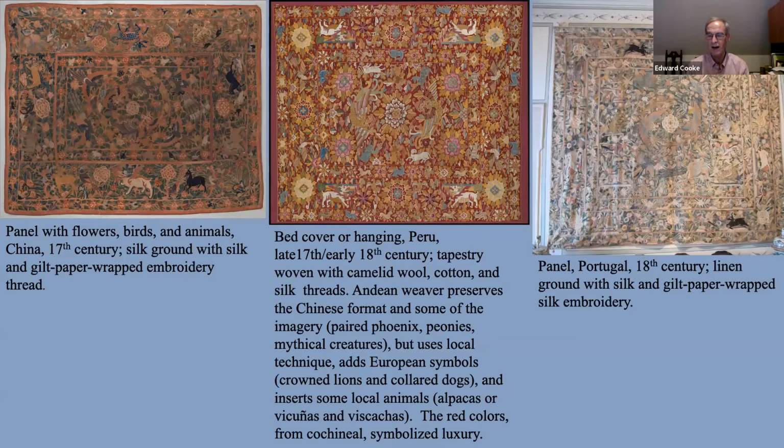And the red is based on cochineal, which is basically an insect that is feeding off of cacti up in New Spain and what is now Mexico. So cochineal becomes this symbol of power, of authority, of redness, so that you can read this as a locally made product that speaks to a local clientele, but is in conversation with a piece of Chinese embroidery.